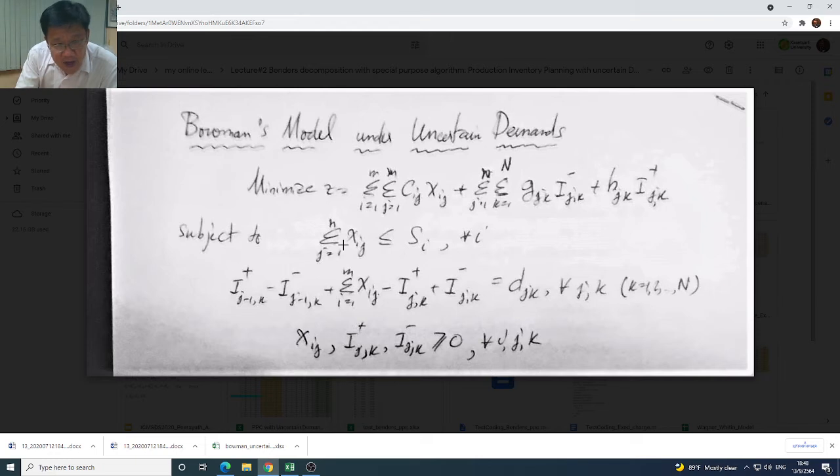If it's 1 times x sub i j, it means that in period j you can assign capacity type i to fulfill demand of period j, but it can also be uncertain, right? I did mention this a little bit in the last clip, and we didn't consider it much. This is the uncertainty you find when you try to match the capacity to the demand for each period, or the sales requirement for each period.